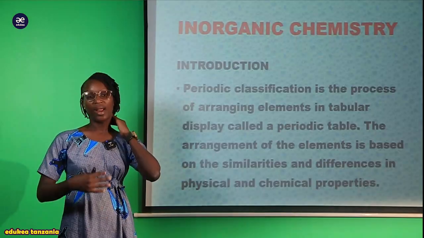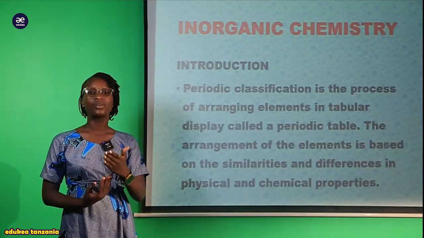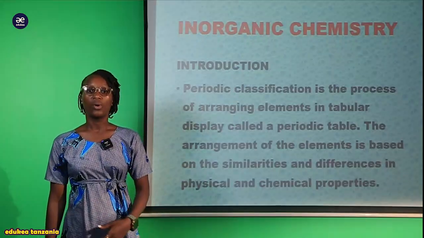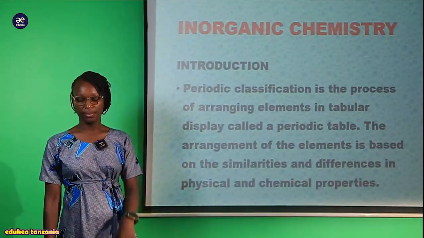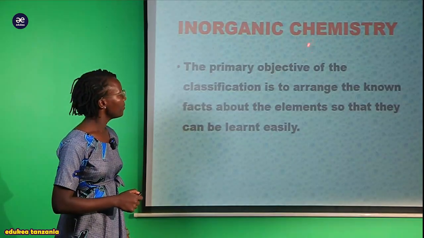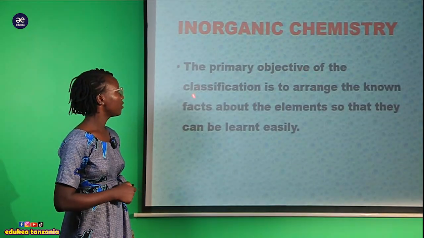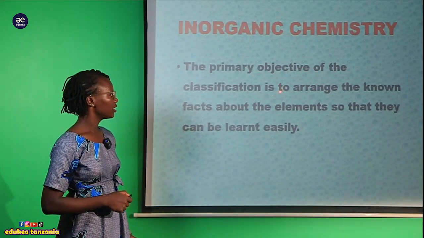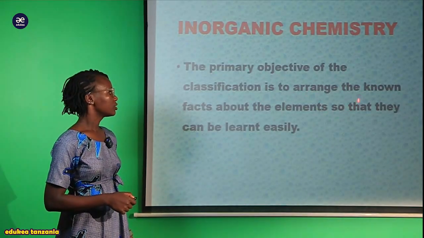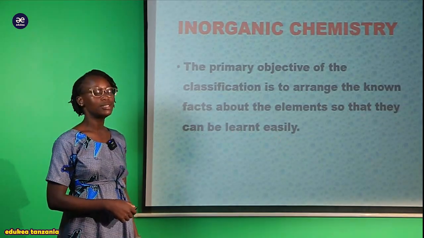Maana kwamba kuna hizi sifa ambazo zitatupa sisi go-ahead ya kuweza kufanya arrangement ya hizi element kwenye hii tabular display ambayo ni periodic table. So the primary objective of the classification is to arrange the known facts about the elements so that they can be learnt easily.